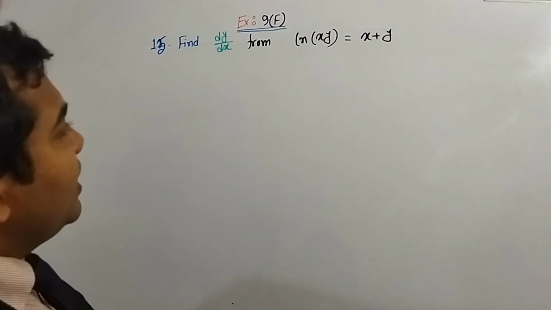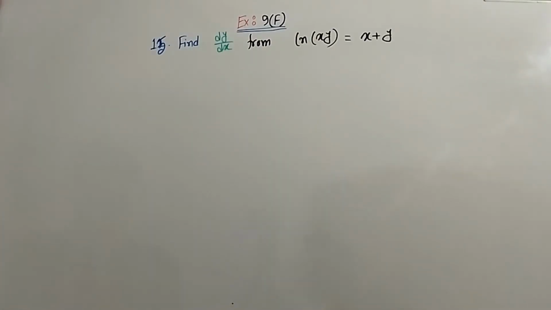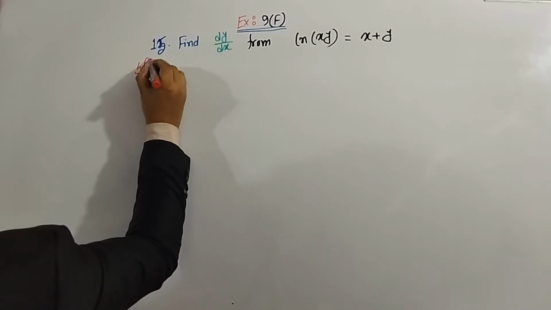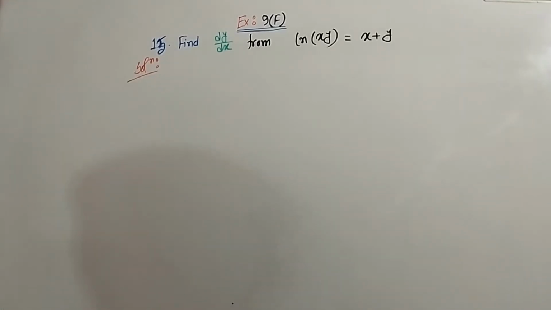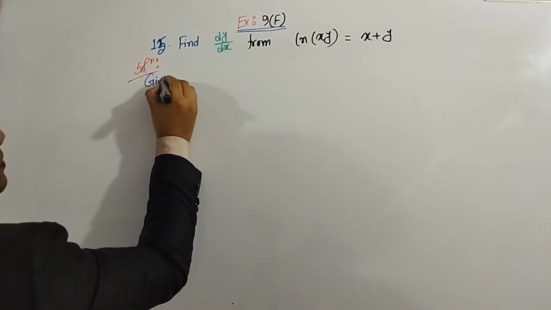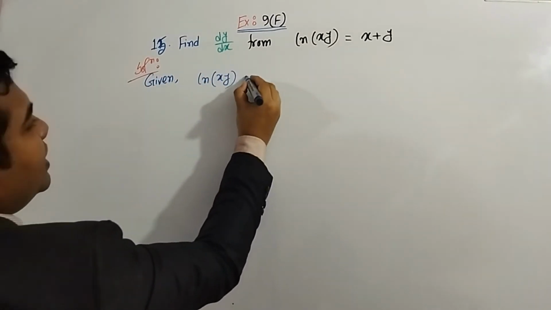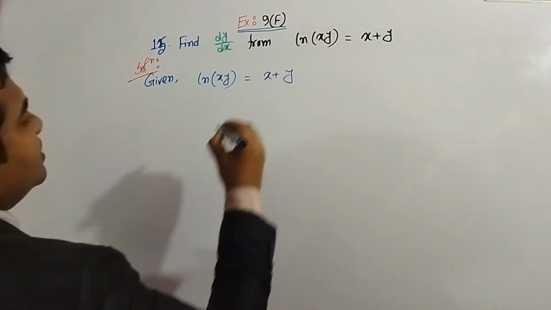How can we solve these types of problems? Let's have a look at the solution. The given equation is ln xy equals x plus y.